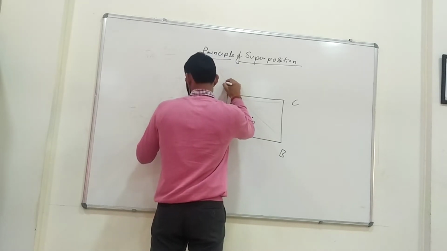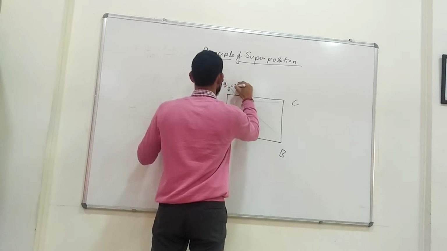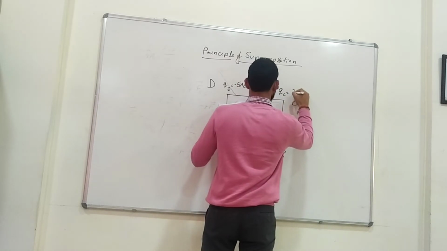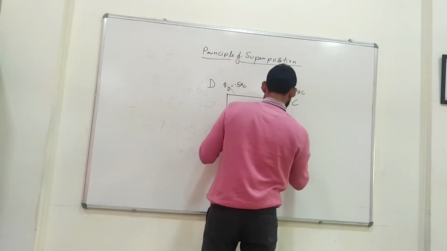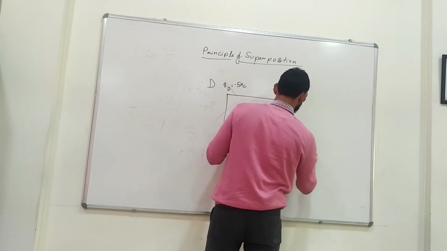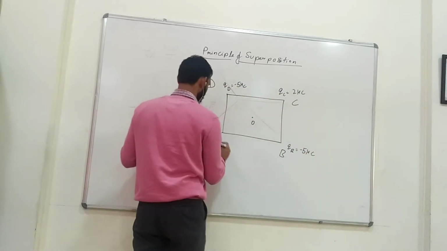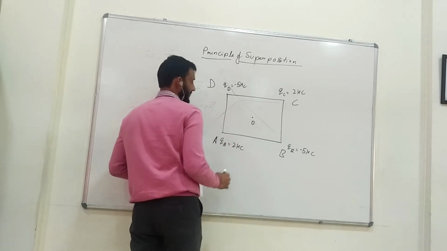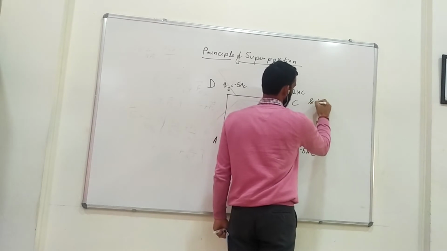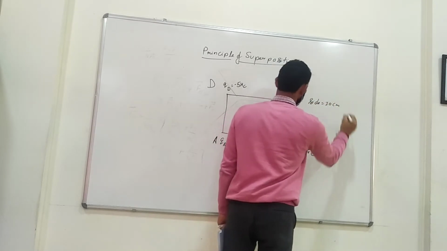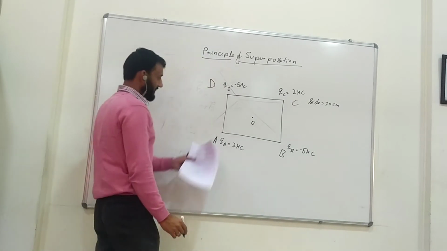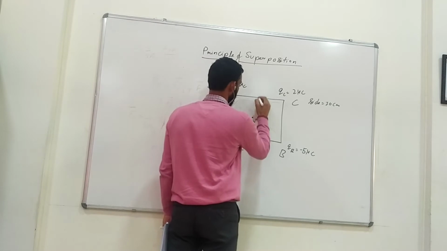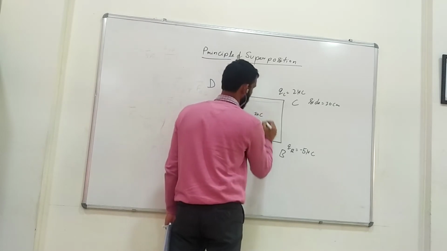So the charge which is kept here is QD equals to minus 5 microcoulomb. Charge which is kept here is QC equals to 2 microcoulomb. Charge which is kept here is QB equals to minus 5 microcoulomb. And charge at A will be QA equals to 2 microcoulomb. And this square is of side 10 centimeter. And the charge which is kept at the center is 1 microcoulomb.